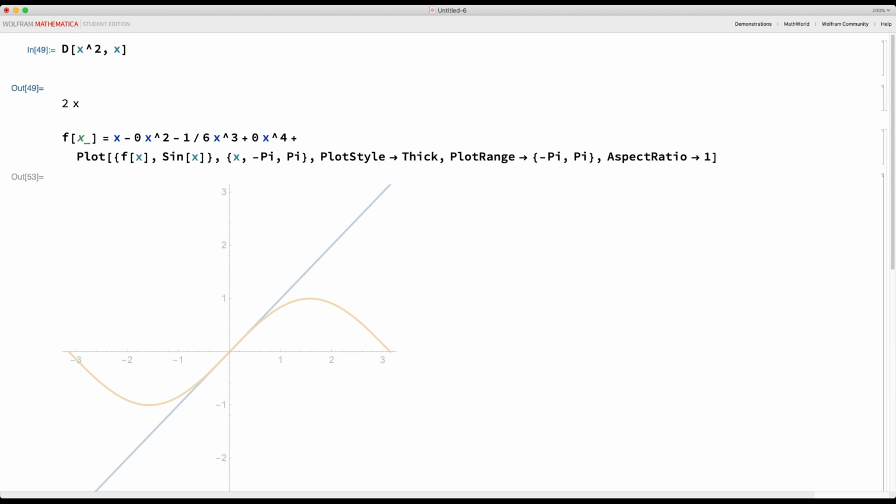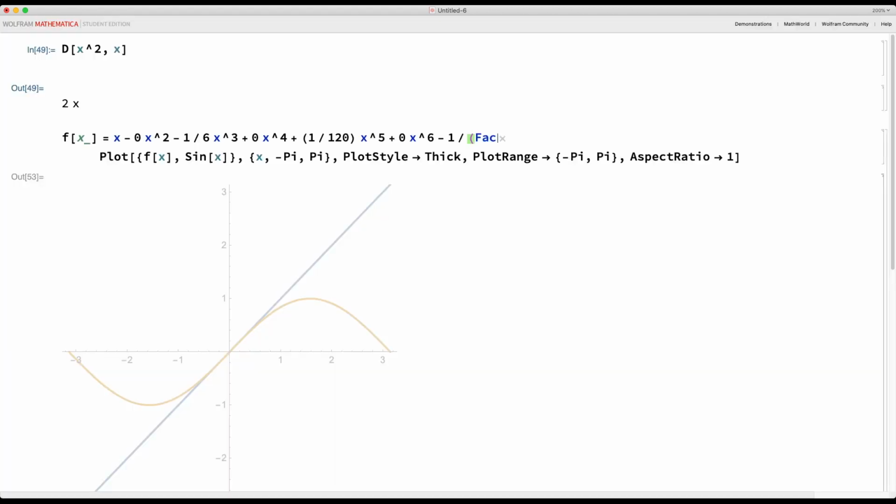But positive, right? Okay, so what is 5 factorial? It's 120. Okay. X to the sixth term? 0. Donovan, x to the seventh term? Right. Okay. So I'm just going to do that, and then it's x to the seventh.